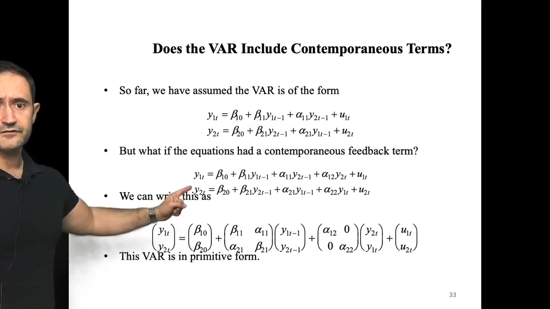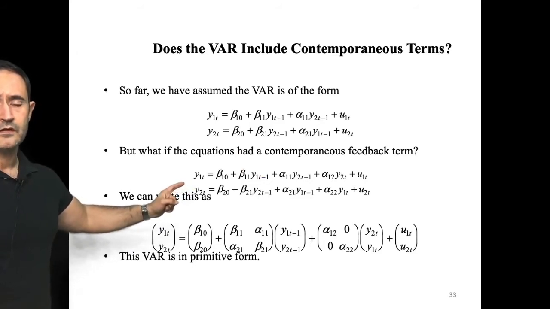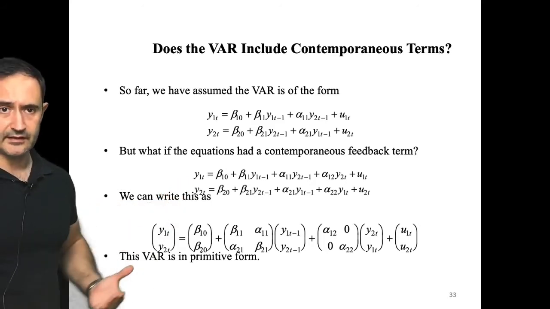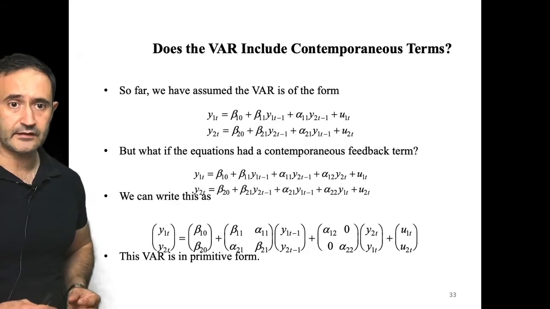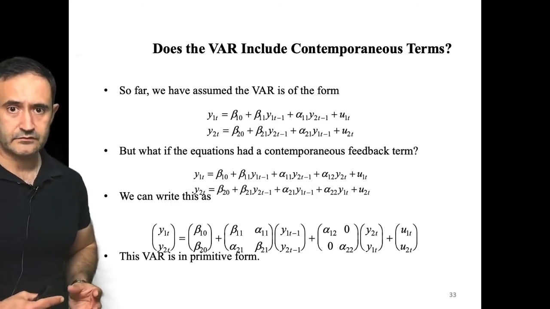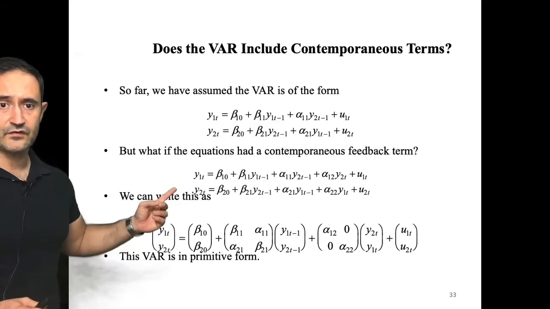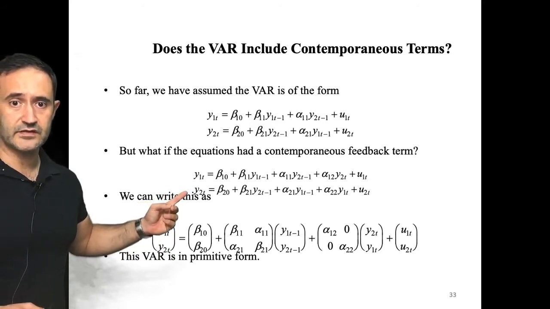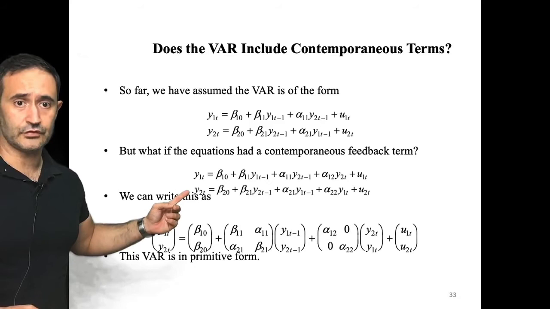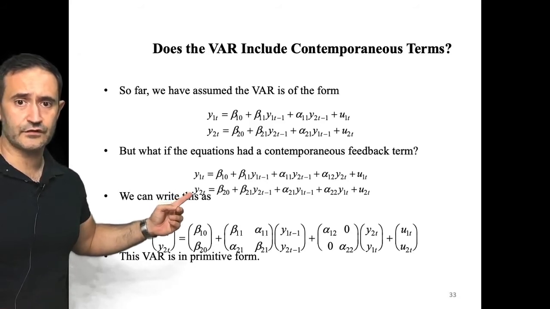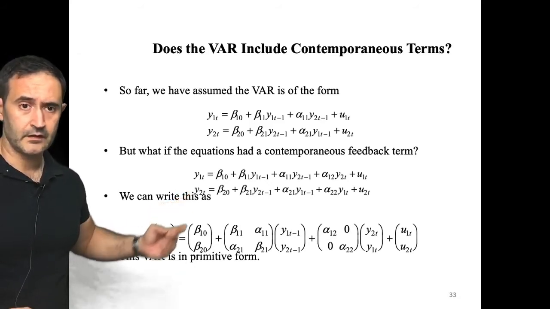Okay, so at the end of this equation we have alpha 1,2 y2t. Well, y2t is contemporaneous. So we are including contemporaneous values of the other variable. The same in the second equation. In y2t, in this equation, we are also including contemporaneous values of y1t.